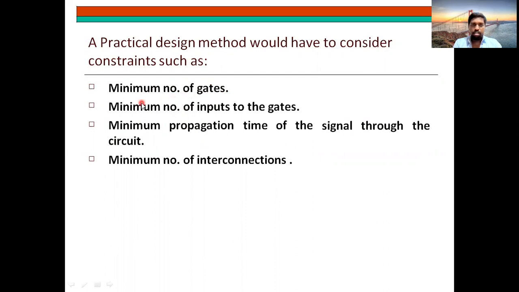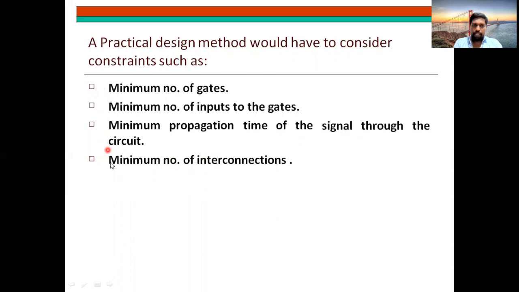The first one: you should have the minimum number of gates, that means the circuit you design should consist of a minimum number of gates. Second, you should have a minimum number of inputs to your gates. Third, you should have minimum propagation time for the signal through the circuit. And the last one, you should have a minimum number of interconnections.